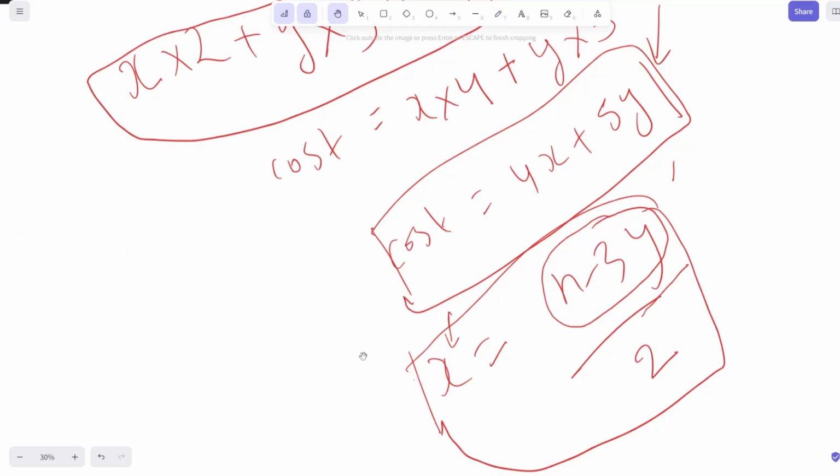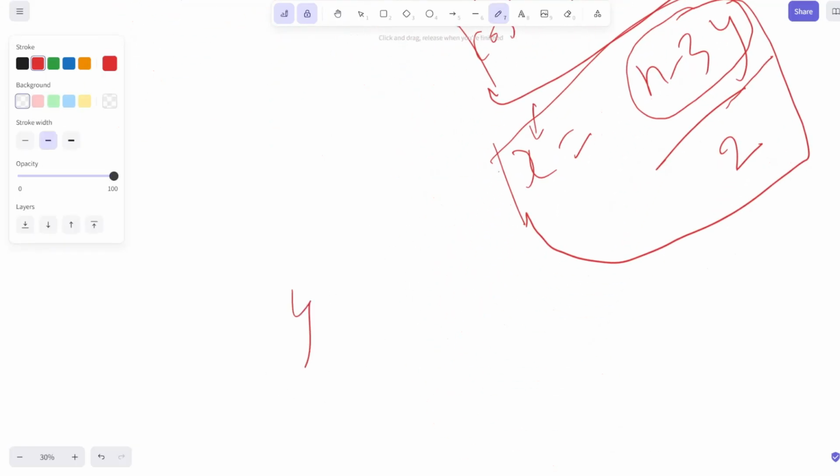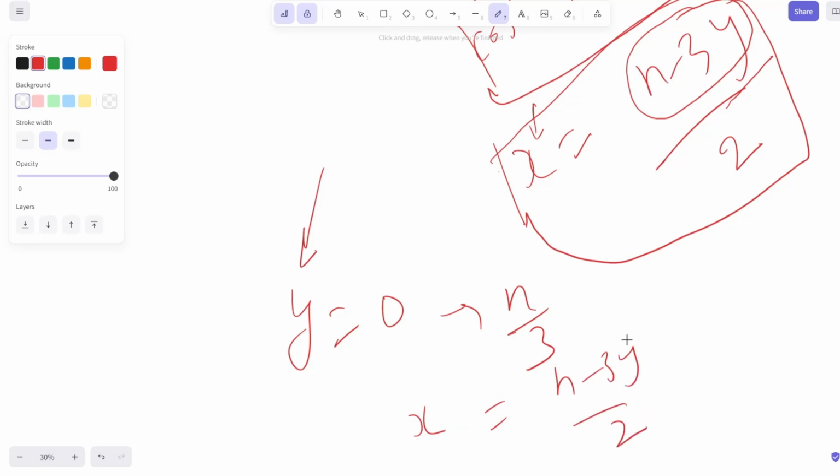So for the solution, we iterate y from 0 to n by 3, checking all possible values of y, and for each y we calculate x as (n minus 3y) divided by 2.